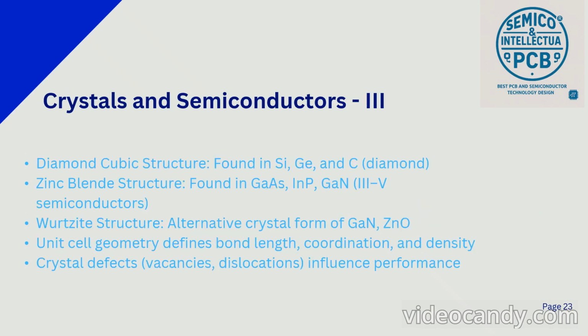Lastly, I would like to mention some of the behaviors of semiconductors with reference to crystals. Normally in our semiconductor studies, we will see diamond, cubic, zinc blende, or oxide structures. Before this, we mentioned that crystals can be in the form of cubic, tetragonal, hexagonal, or diamond structures.